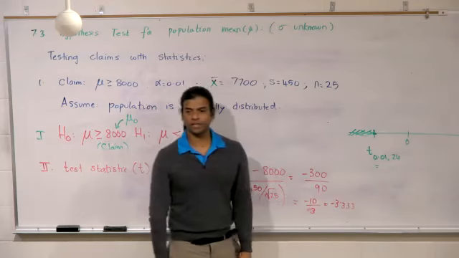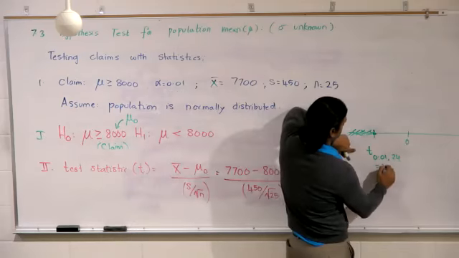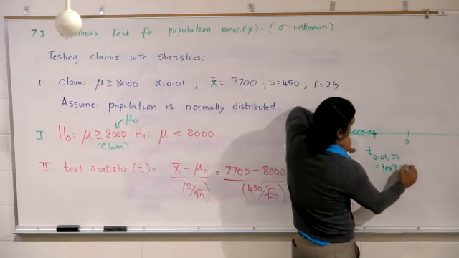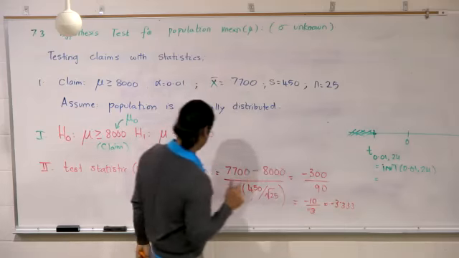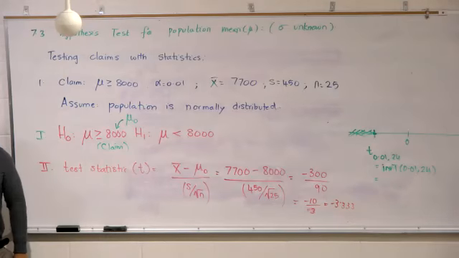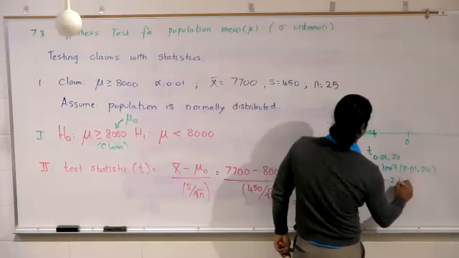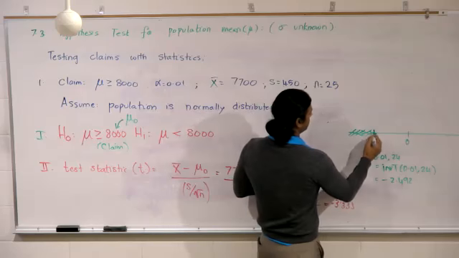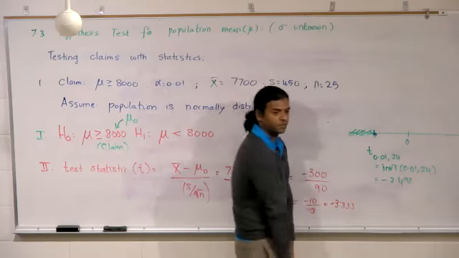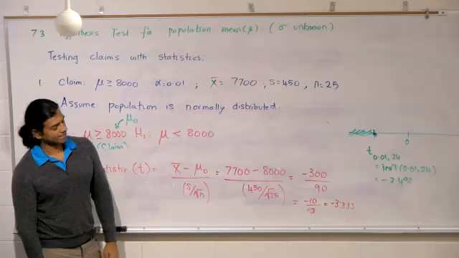That tells you what you need to put in the calculator: inverse T, 0.01, 24. And what is that number? Negative 2.492. So the critical value right here is negative 2.492.